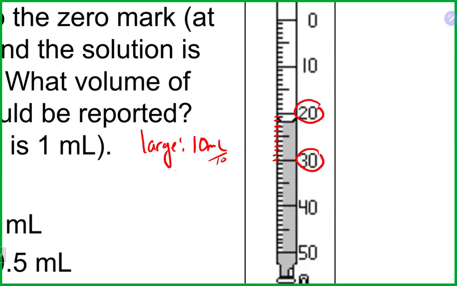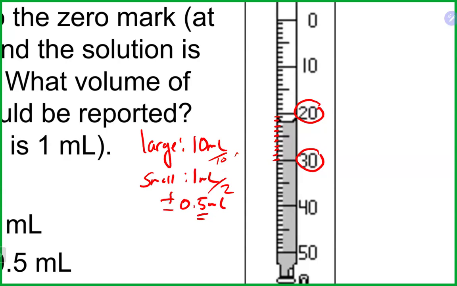So again, if we divide that by 10, small markings in this case is actually 1 milliliter. So again, even though this is a burette, it has a different set of markings, so a different scale than the one we were looking at a second ago. Again, if you just want to figure out how far you should take this reading to, if I divide that by 2, plus or minus 0.5 milliliters, which means I should definitely take it to 1 decimal place in this case.